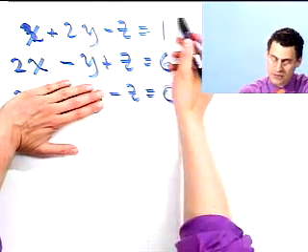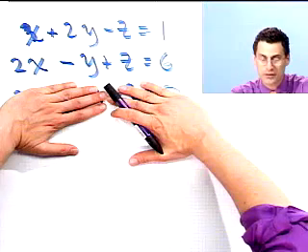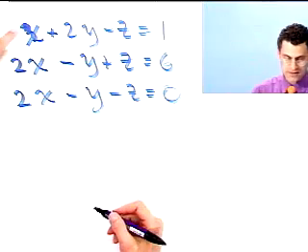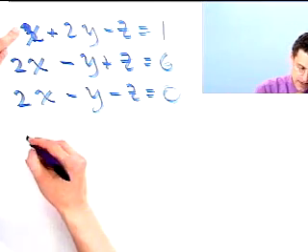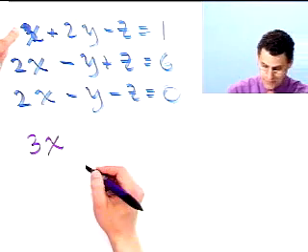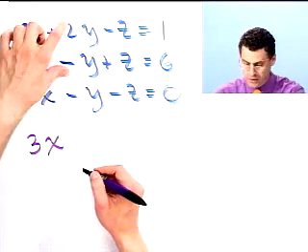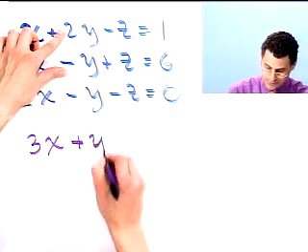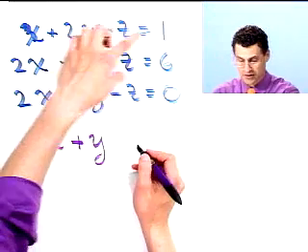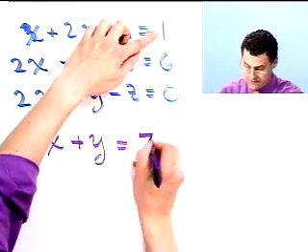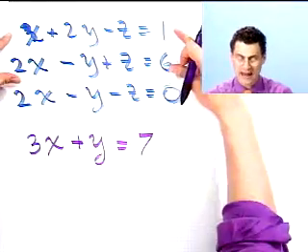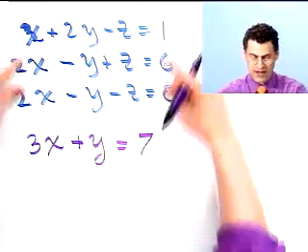So if I added those up, I'd see a new equation that would look like this. 2x and x would be 3x. 2y minus y would be plus y. And minus z plus z is 0. And 6 and 1 is 7.